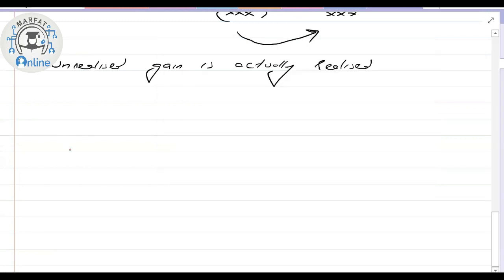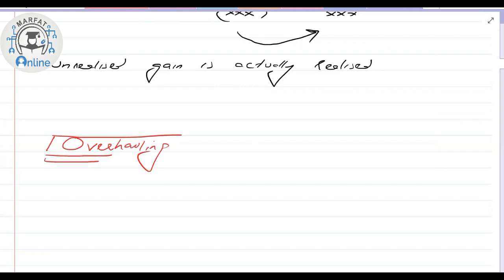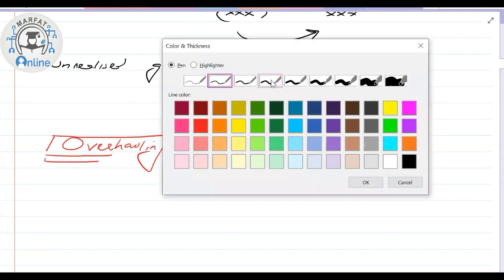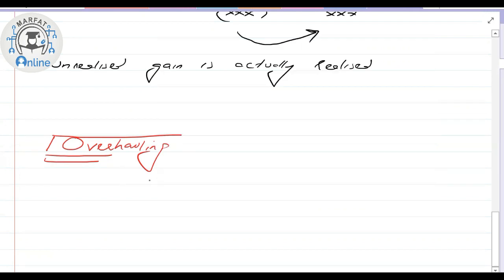then you have the next concept, which is overhauling. Overhauling, such as major inspection. So what is the treatment?